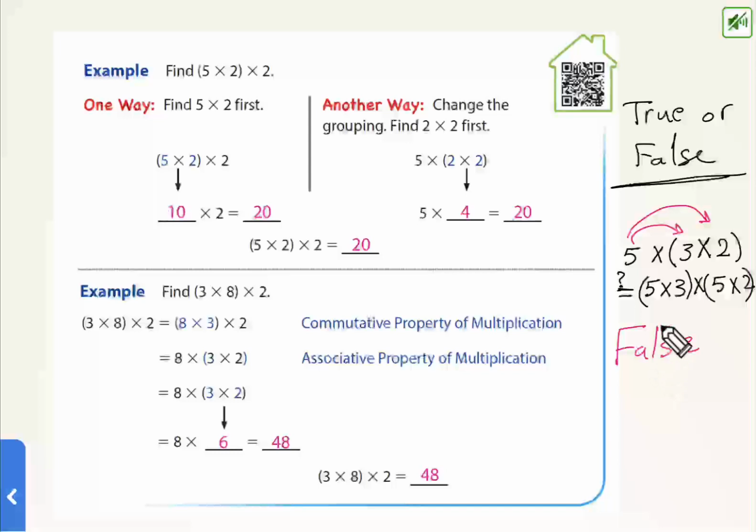Okay, so Abdulaziz, I used distributive property and you told me that it's false. Why is it false? The question here is, can we use distributive property when we multiply 3 factors?